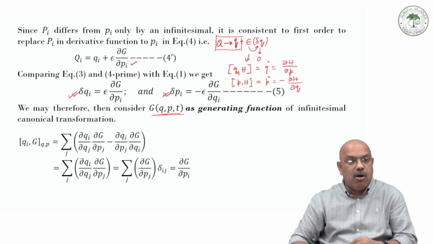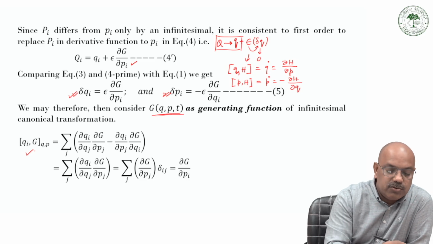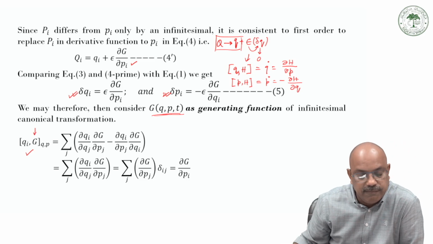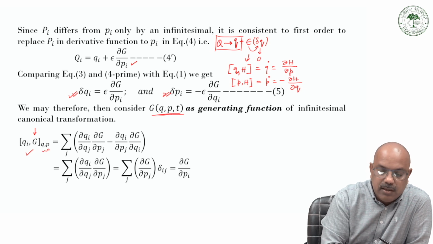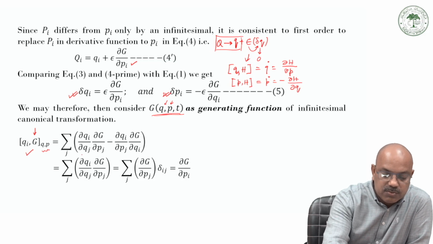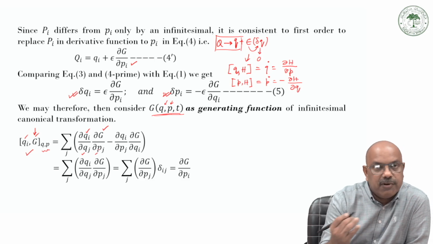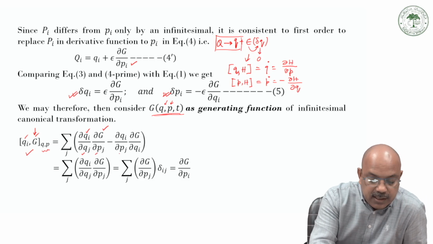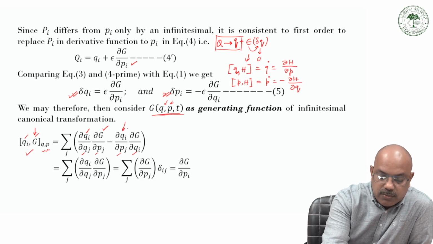By the same analogy, if I take the Poisson bracket of q with respect to G, because G here is my generating function in this case, depending upon small q and small p, I can write q with respect to G. The first function is q and the second function is G. According to the definition of the Poisson bracket, this term is going to be 0, because delta q by delta p is 0.